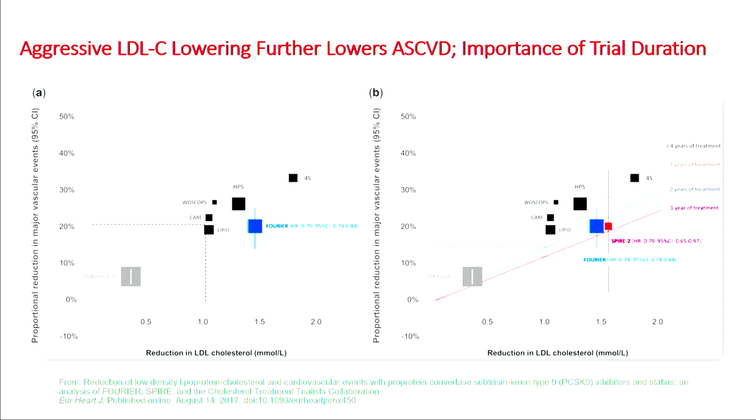This slide also emphasizes the importance of the trial duration. When we're treating LDL in clinical practice, we're talking about treating for decades, and in the trials, that's just not practical to treat for decades. So we're getting evidence from 5 years for statin trials, or even less, and in the case of PCSK9 trials, 2 to 3 years.